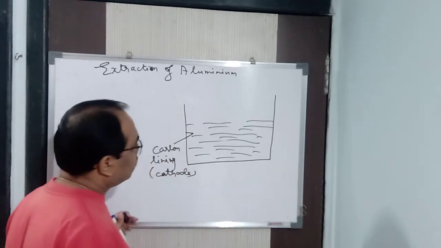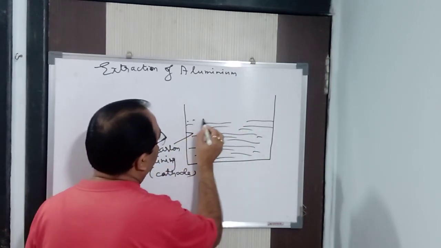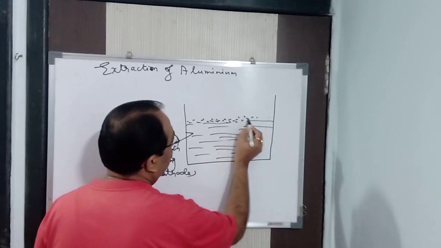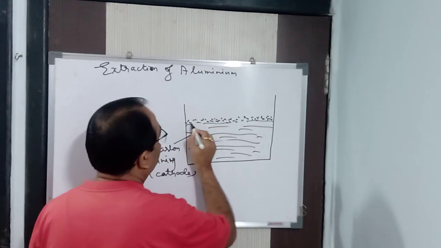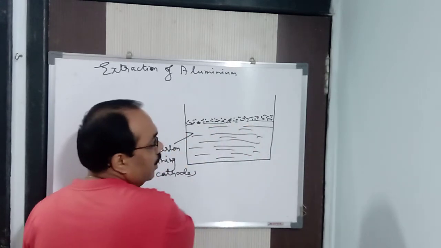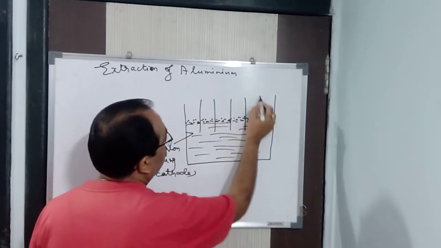After putting this mixture in the tank, we will be sprinkling some coke powder, some coke dust, here. Now we will be taking the different carbon rods which act as anode.